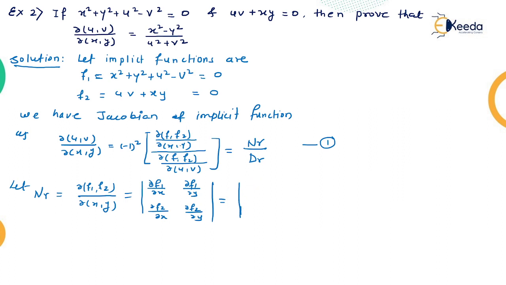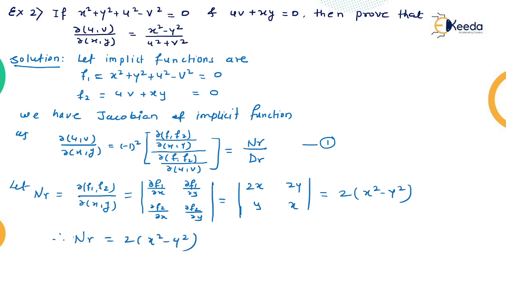Del f1 by del x, observing the f1 function, we get 2x. Del f1 by del y is 2y. Del f2 by del x is y, and here it is x. Calculating this, we get 2 in brackets x square minus y square. So the numerator becomes 2 in brackets x square minus y square.